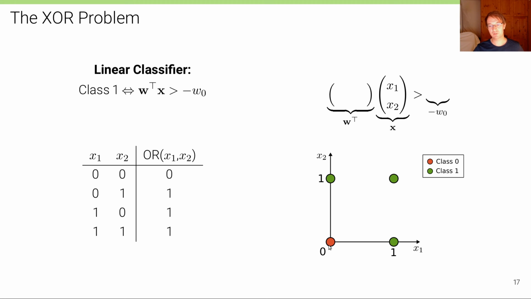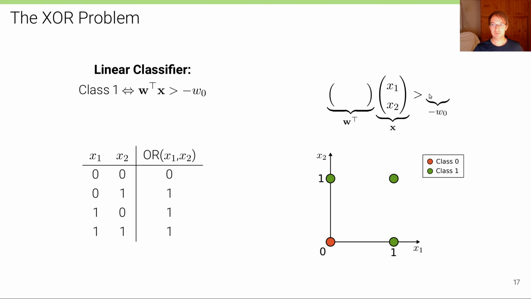For instance, what we know is if we pass in the point 0, 0 here, the entire expression becomes 0, this may not be bigger than the value on the right, which means the value on the right must be bigger than 0. So let's choose it as 0.5.